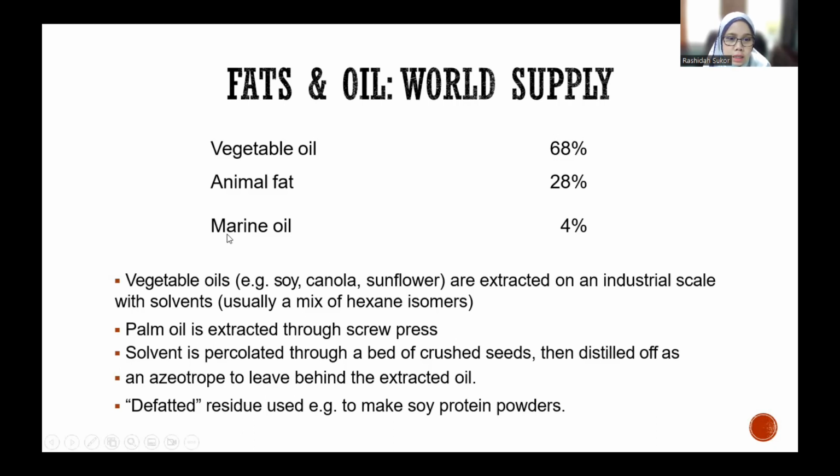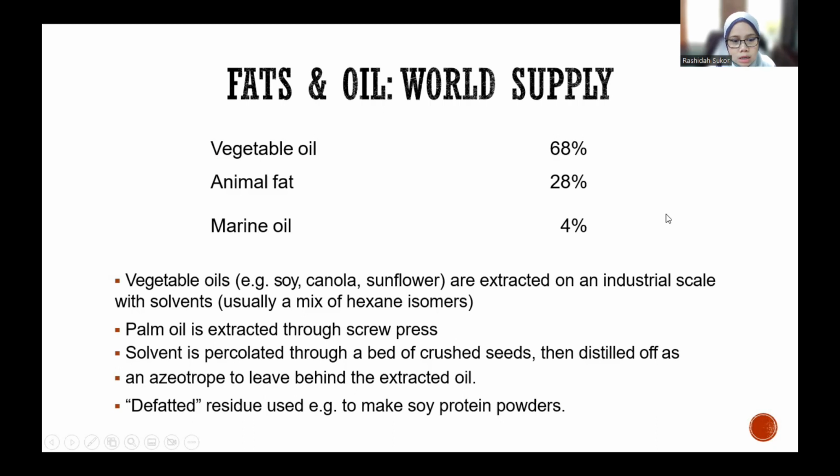And also marine oil is highly unsaturated, so it is more prone to oxidation. Mostly they are not stable, but normally people use this for supplements.